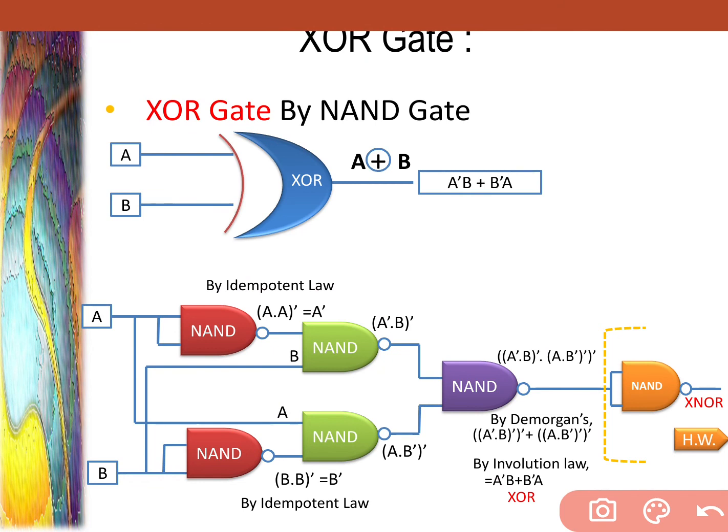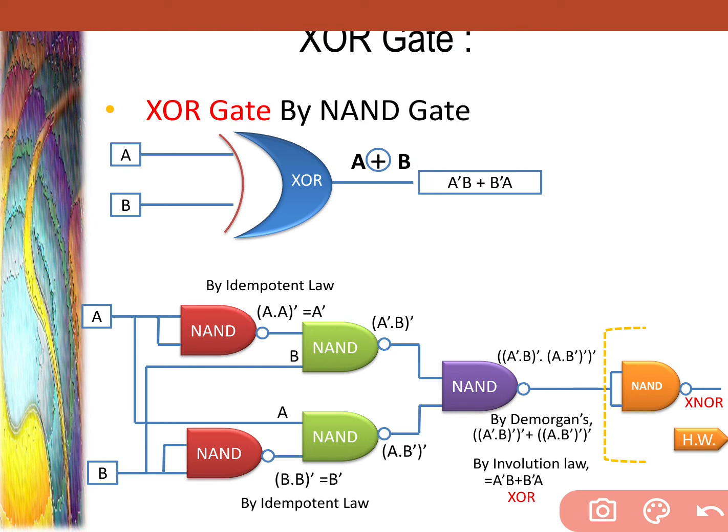We have to create XOR by NAND. And see, in this we have to concentrate on the equation that XOR provides us. XOR provides us a formula that is A dash dot B plus B dash dot A. We have to concentrate on that formula only, because we have to create this expression only by NAND gate.